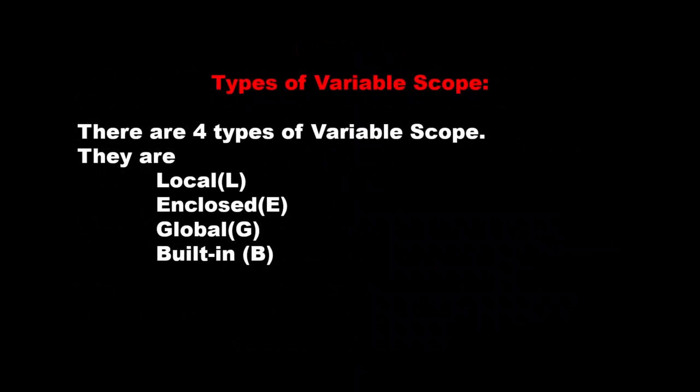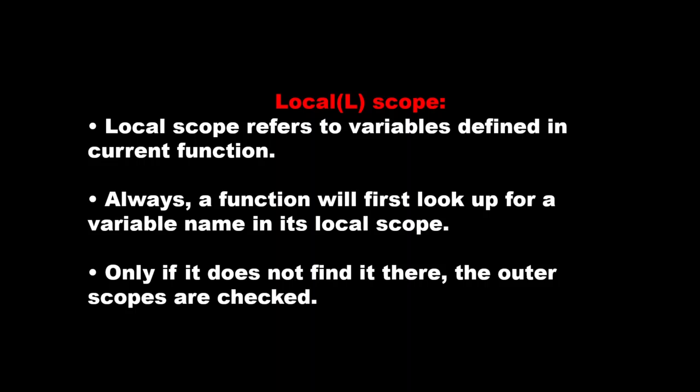Types of variable scope. There are four types of variable scope. They are local, enclosed, global and built-in. They are represented with the letters L, E, G and B. Local scope.